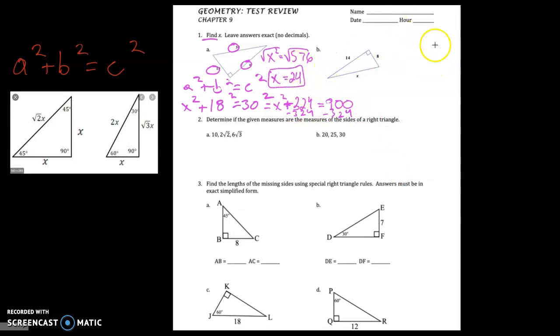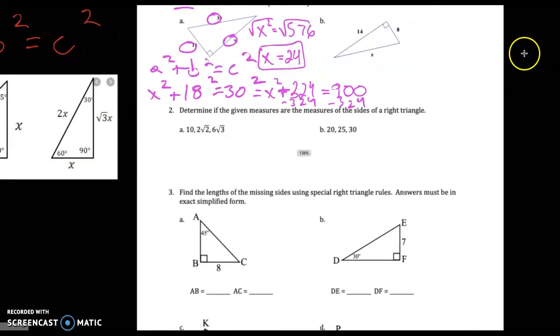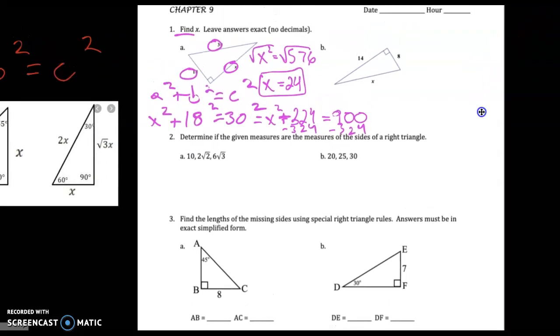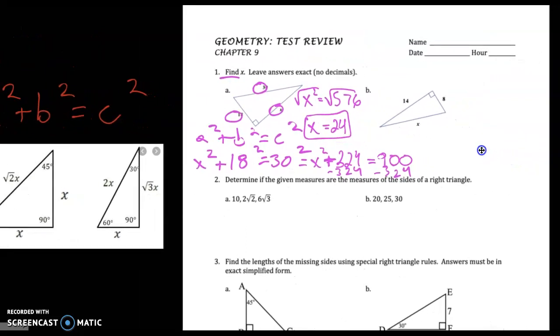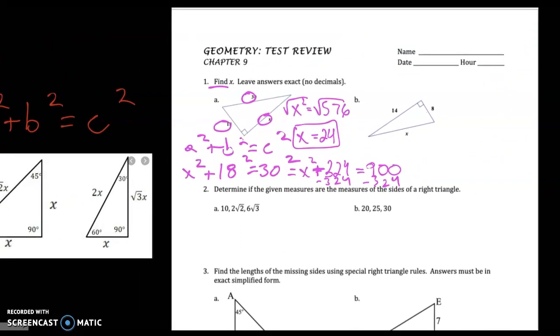Okay, do the exact same thing for number 2. A squared plus b squared equals c squared.